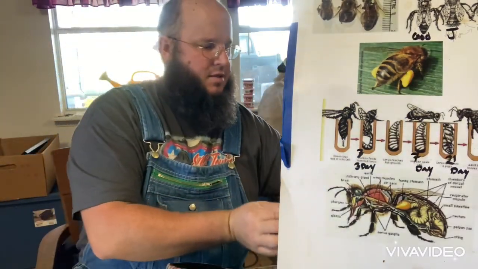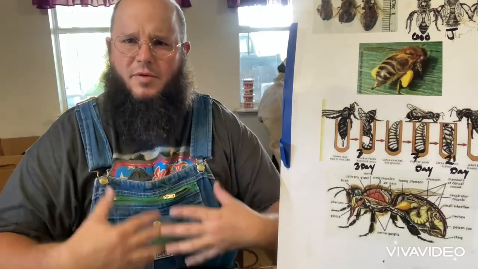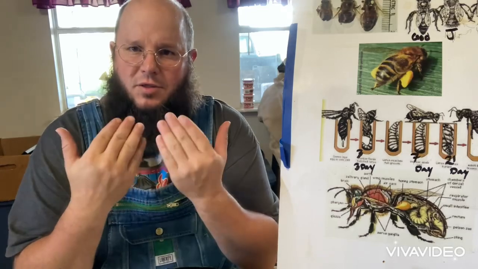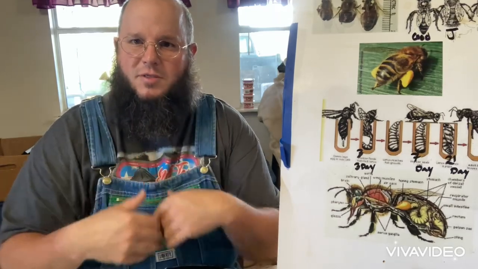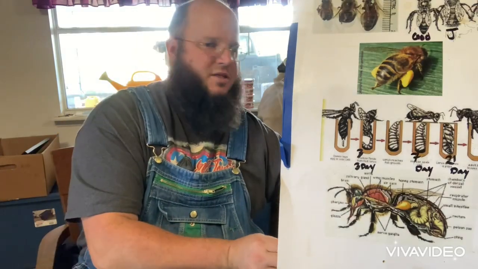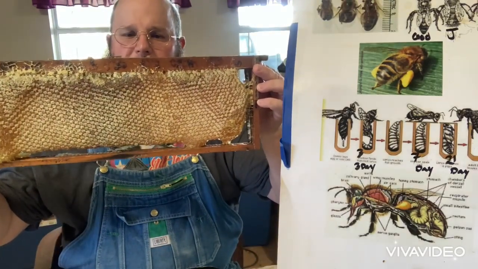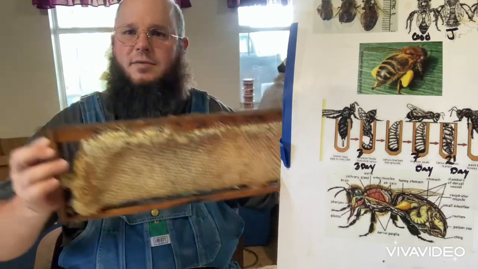The bees make their own wax by consuming honey. On the bottom of their bellies, they have wax glands. They consume honey, their body produces wax, and then they mold the comb to build it. So when this frame was put into the box, all that wax wasn't there. The bees consumed honey and then built the wax.